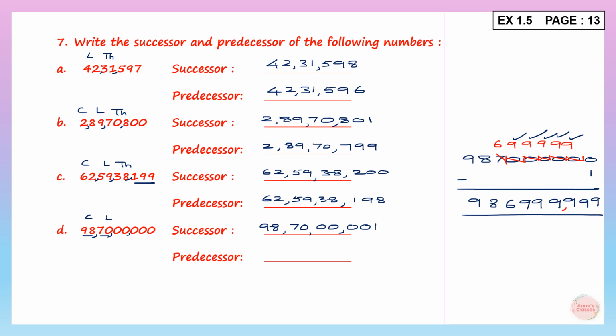Ones, tens, hundreds, thousands, 10,000s, lakh, 10 lakh, crore. So here we have 98 crore, 69 lakh, 99,999. So let's write that: 98 crore, 69 lakh, 99,999. You have to be very careful not to miss any digit.